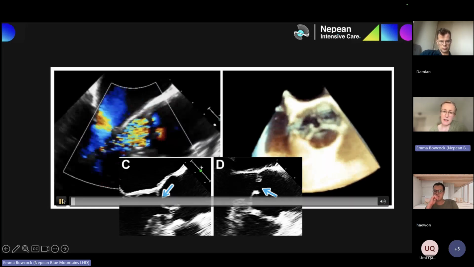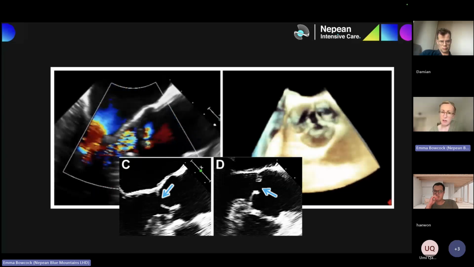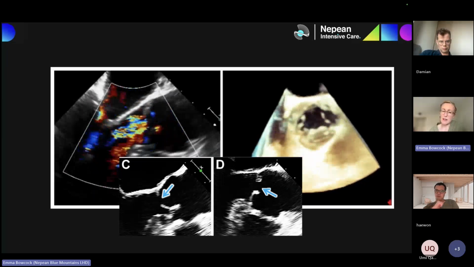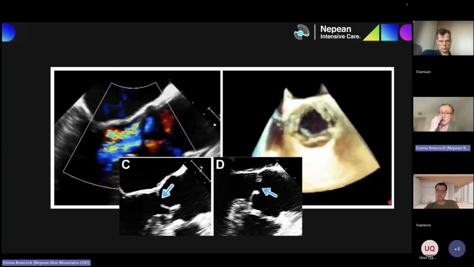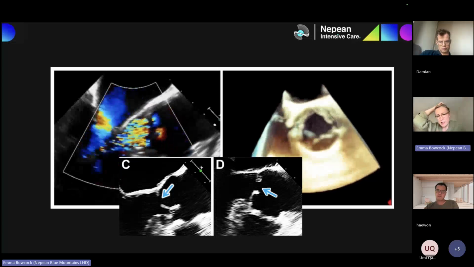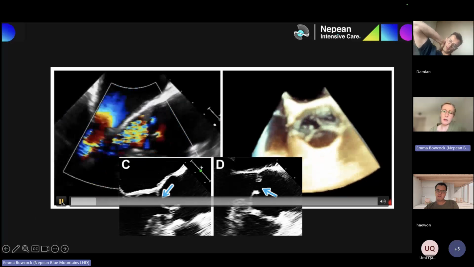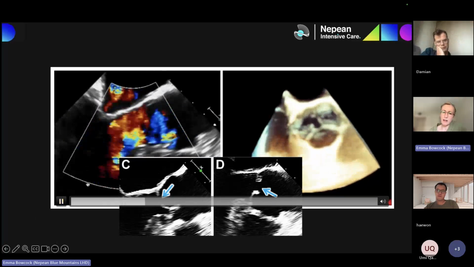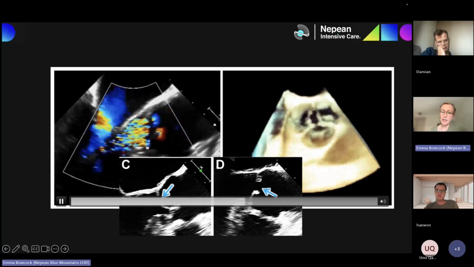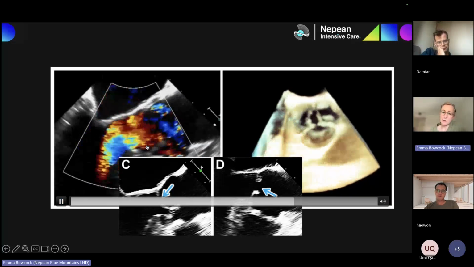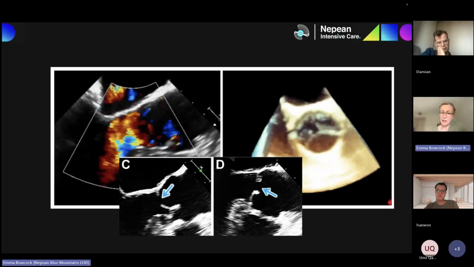And just going back to that color, that just looks horrible, doesn't it? It looks really broad, there's lots of turbulence, flow convergence, probably multiple jets. You can't really see the flow convergence because you're getting a little bit of dropout where the vena contracta would be. But just eyeballing that color, in terms of the jet width compared to the LVOT height, subjectively it looks more than 65%.